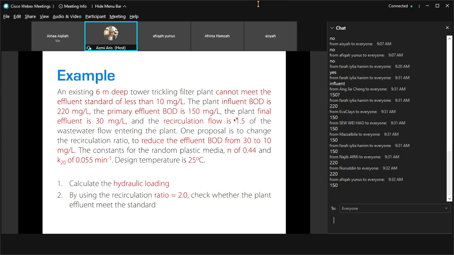Actually, it is telling you that this is the R value equal to 1.5. So this is the N, and then this is the K20. So you need to calculate the hydraulic loading, and then the second question is that if we increase the R ratio equal to 2, can we meet the standard of 10 milligram per liter?